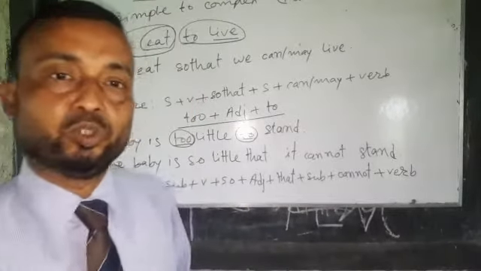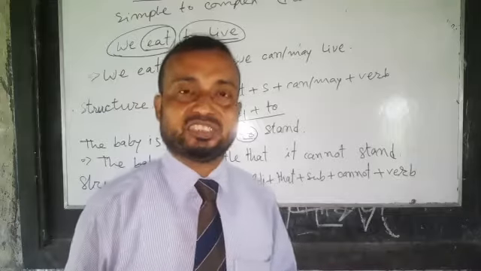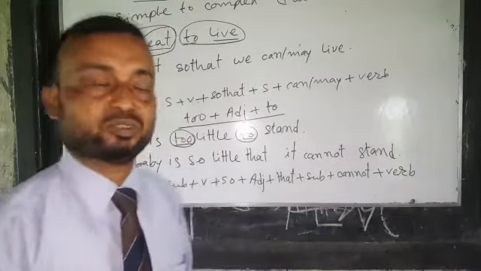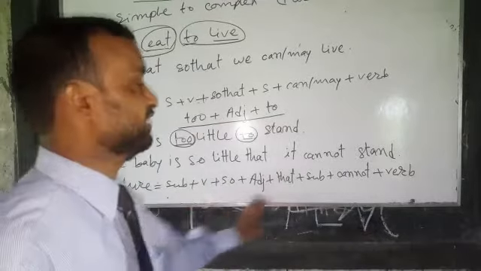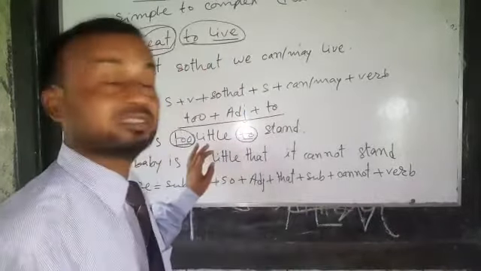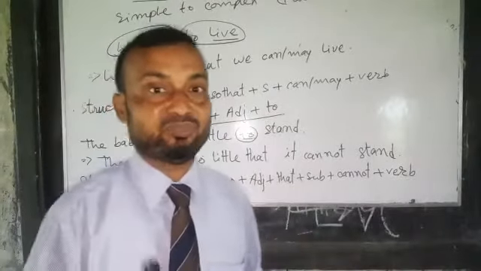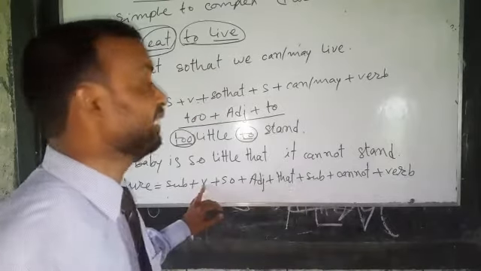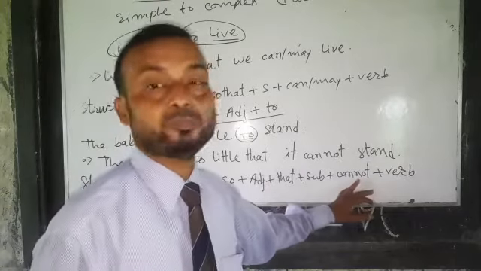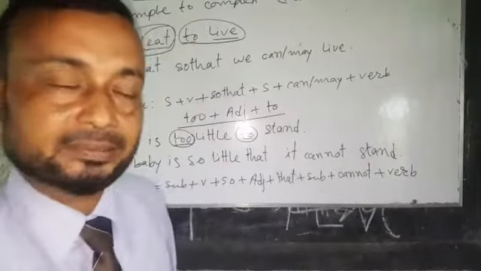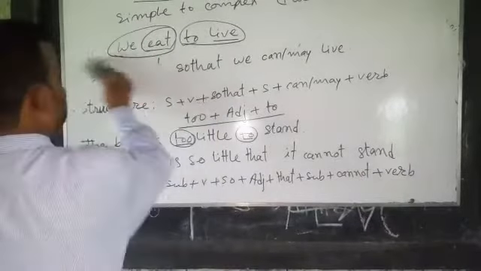Rest of the rules of the structure are the same. That means if the simple sentence is present tense, we have to use this structure directly, and if the simple sentence is in past form, then we have to use here the past form of verb, and here we have to use "could not". Can I make you understand, my dear students?